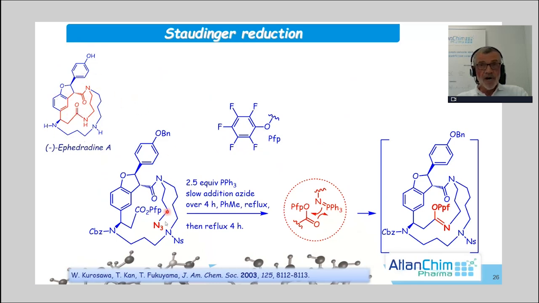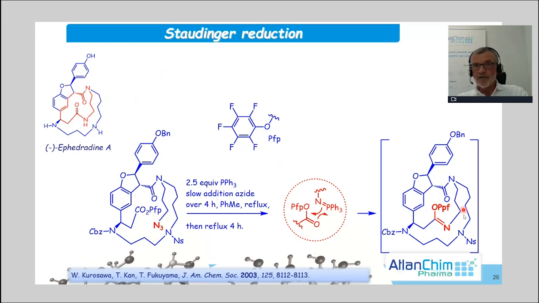So, slow addition of this azide with a pentafluorophenyl ester moiety to a refluxing solution of triphenylphosphine in anhydrous toluene afforded the corresponding iminophosphorane, which underwent conversion to an iminoether intermediate here via an intramolecular aza-Wittig reaction.